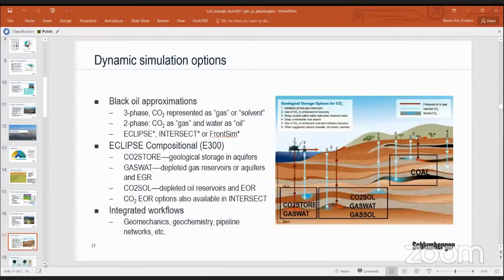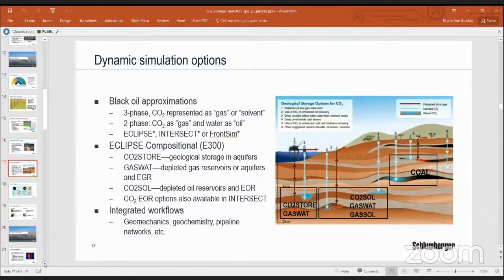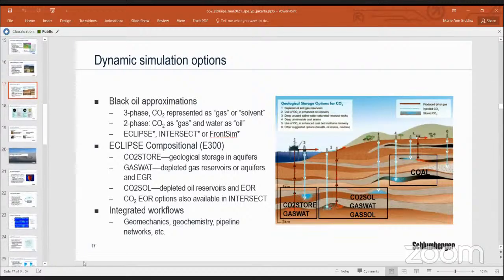In Schlumberger's simulators, we have various options that can be used for CO2 storage studies. So on the simplest level, many of the early studies of CO2 used CO2 as part of a black oil approximation, in which CO2 was represented as gas or solvent, or possibly even you had a two-phase model in which CO2 was gas, and you actually used the oil to represent a dummy water phase.